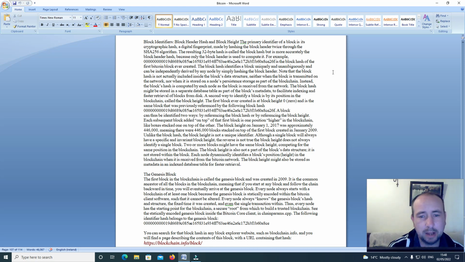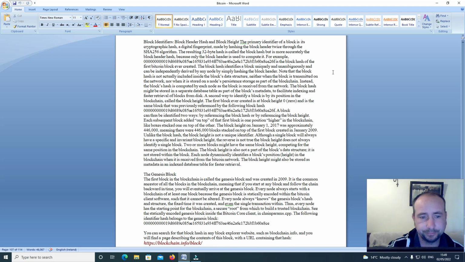The block hash identifies a block uniquely and unambiguously, and can be independently derived by any node by simply hashing the block header. Note that the block hash is not actually included inside the block's data structure, neither when the block is transmitted on the network nor when it is stored on a node's persistent storage as part of the blockchain.